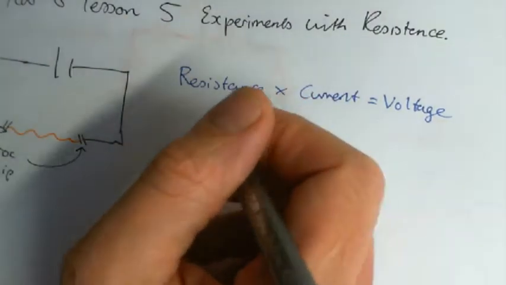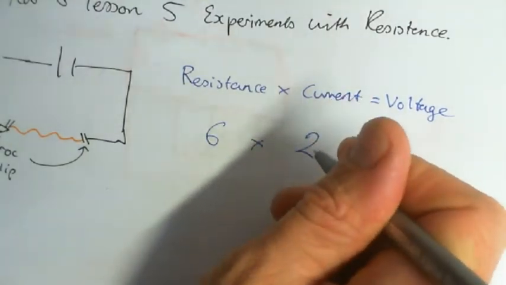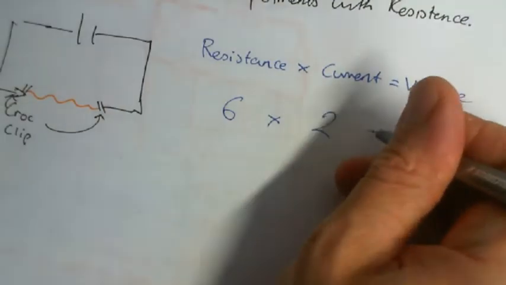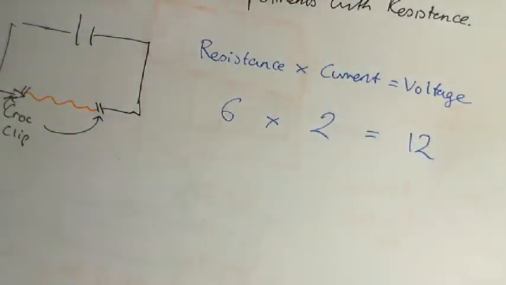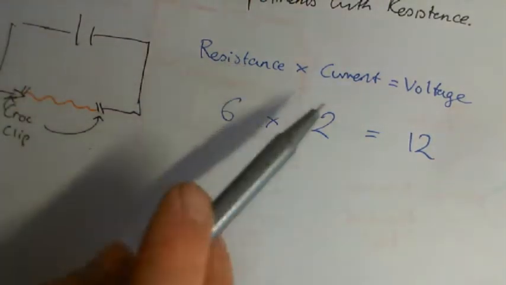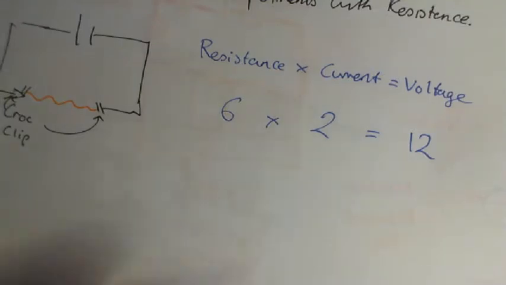So let's say that the resistance was 6 and the current was 2 and the voltage is 12. Okay, so if I want to work out what just the resistance is, I divide both sides by 2.